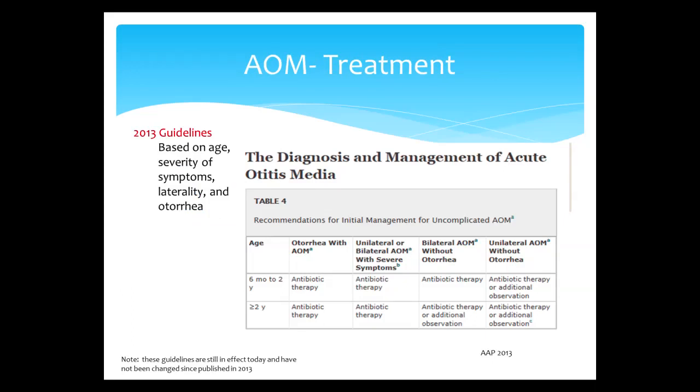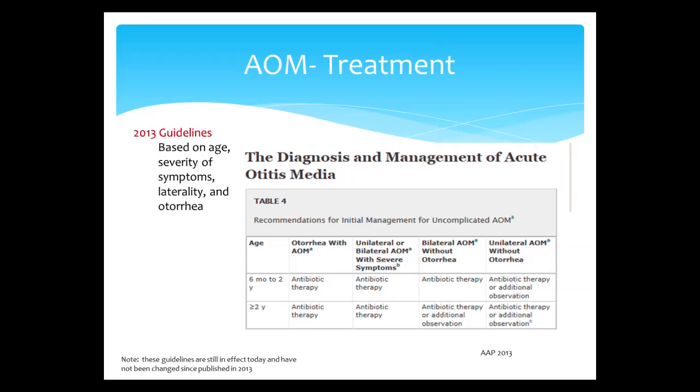So the treatment is based on the age and severity of symptoms, and whether it's unilateral or bilateral, and if there's a discharge. And these are from the American Academy of Pediatrics from 2013, which actually is the most updated guideline, and they are still in effect today.